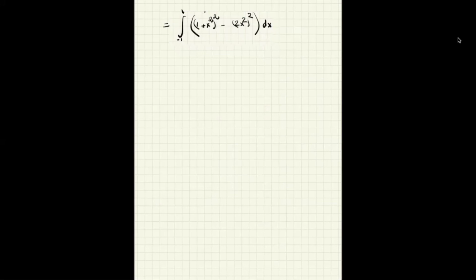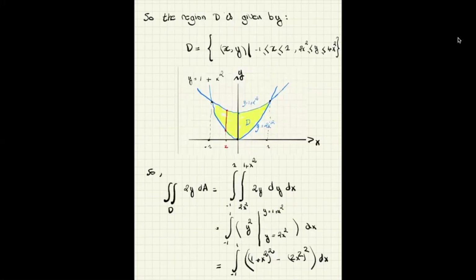Sorry, was it a typo? y is smaller than or equal to 4x squared. I don't see 4x squared. It's 1 plus x squared. Here is 1 plus 1. Oh, this is not 4. This is 1. Oh, I need to be more careful. This is 1.